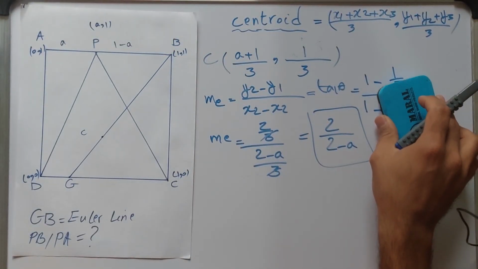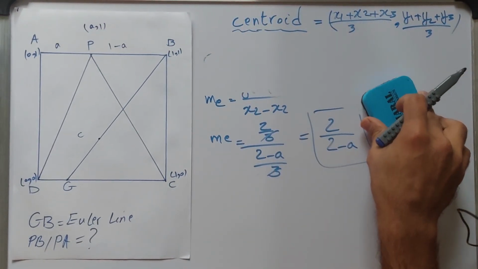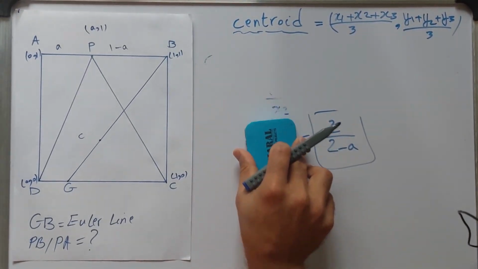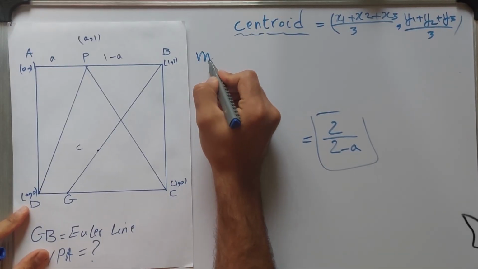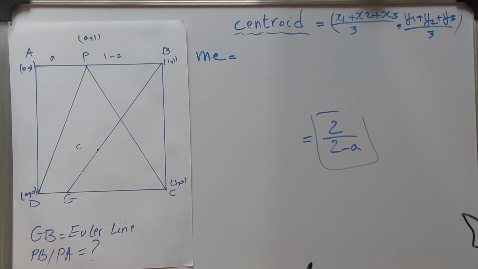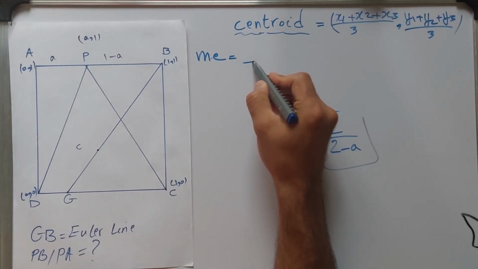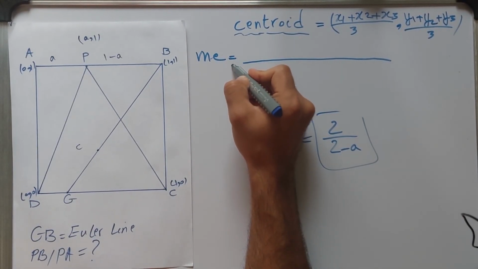So we also have a formula for the slope of the Euler line. For those of you who are interested in proving this formula, just let me know. I can create another video for this. But for today's video, let's just stick to this formula.